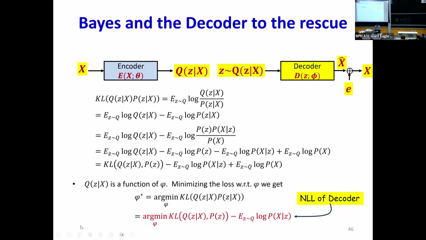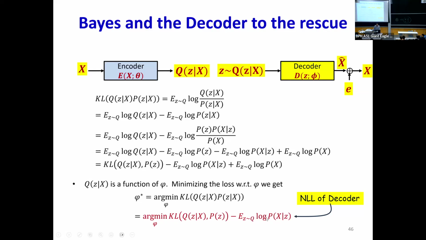So when I minimize the KL divergence, I end up basically just having to minimize these first two terms, which is the KL divergence between Q of Z given X and P of Z, minus the second term.